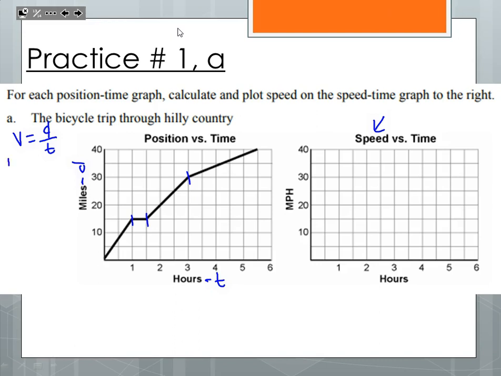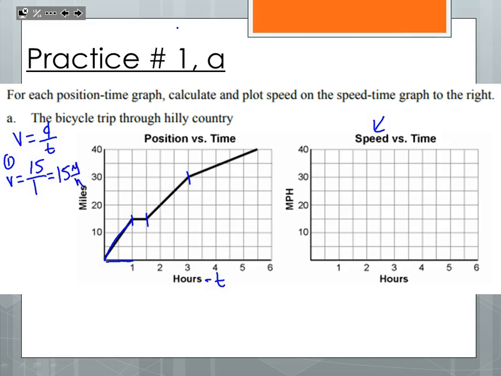So in the first one, which is from 0 to 15 miles, I can say that its speed was 15 miles, and then they went up to 15 miles in 1 hour. So we're going to say that it is 15. Let me erase this little blue here so it doesn't start getting all together. We're going to say that in 1 hour, he went a speed of 15 miles per hour.